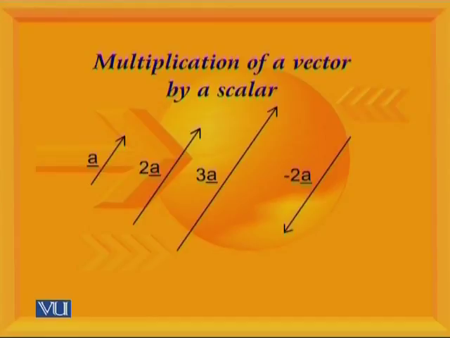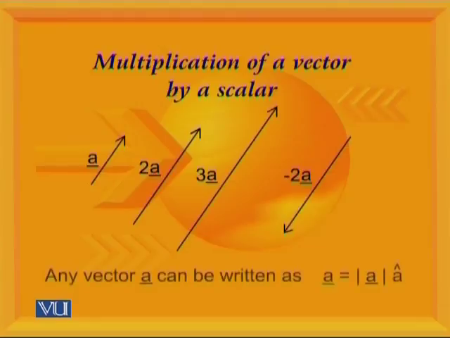Using this, we can write any vector A by expressing it as a scalar multiplication of the unit vector along the direction of A with the magnitude of the vector A. So the vector A can be written as the magnitude of A times the unit vector in the direction of A. There are two other types of multiplication remaining.